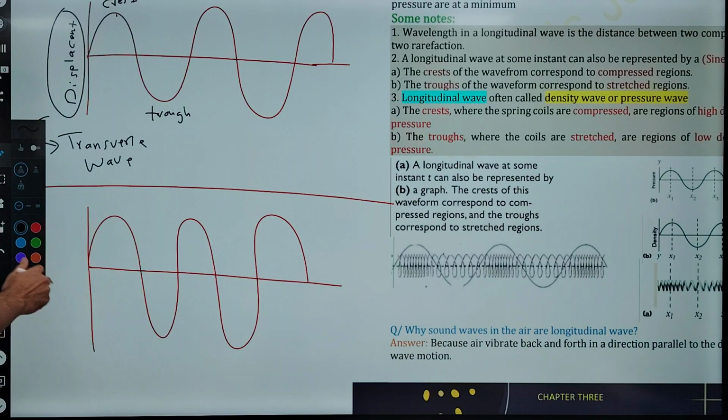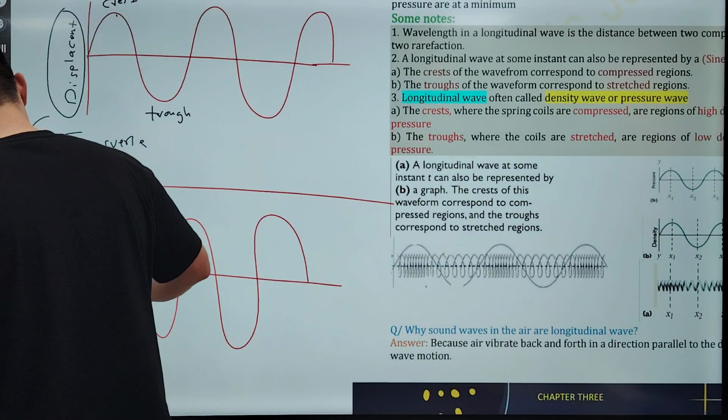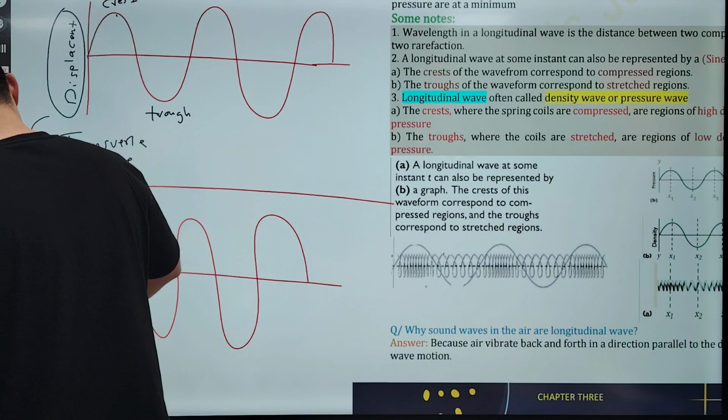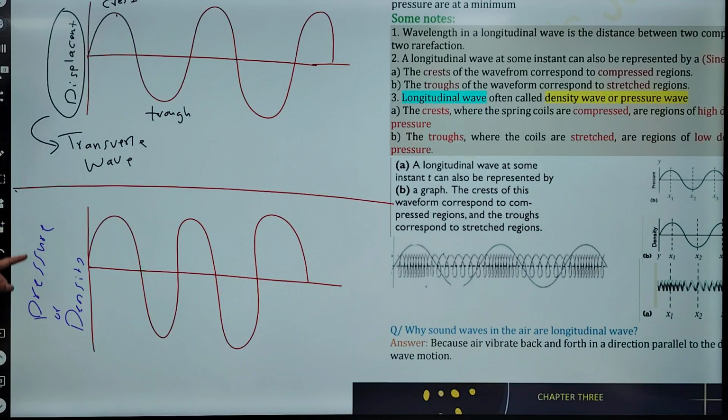But the second figure, if you see density or pressure in the figure, it means that this type of wave is a longitudinal wave.